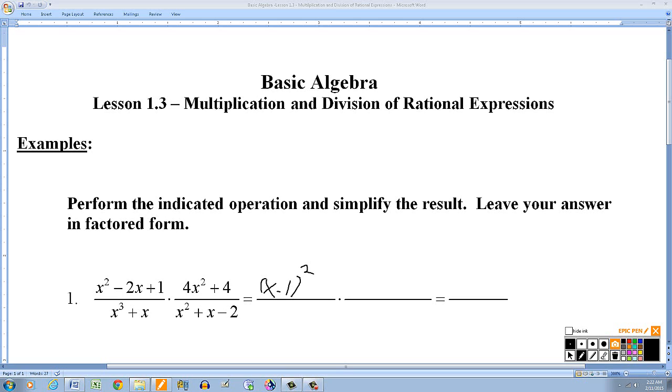In the denominator, I have x cubed plus x. So that first denominator, I'm going to factor out an x. I have a common factor of x, so that'll be x. So that's going to leave me with then x squared plus 1.